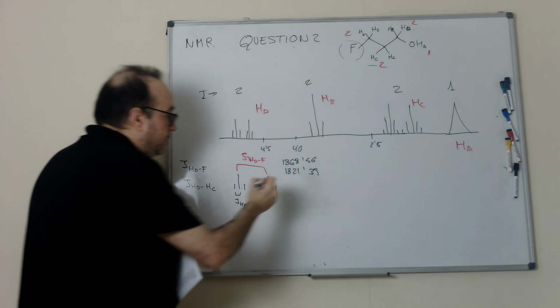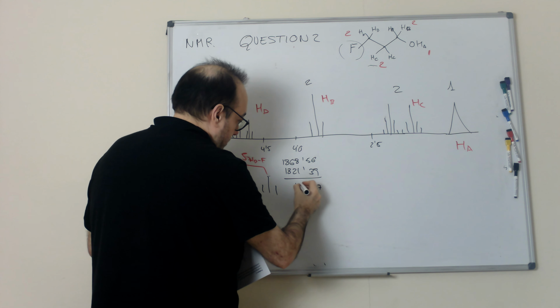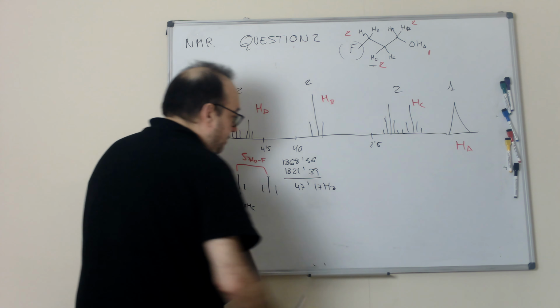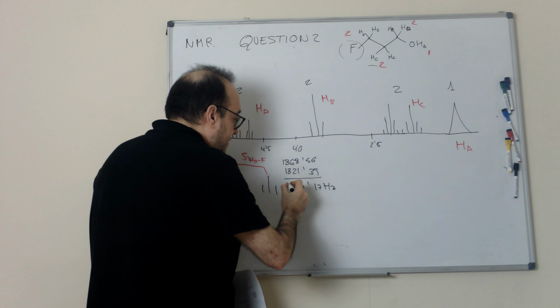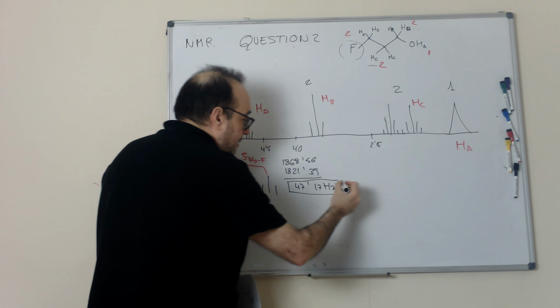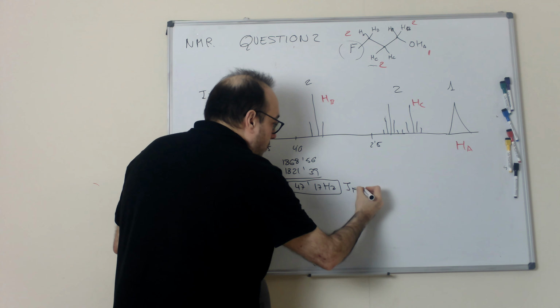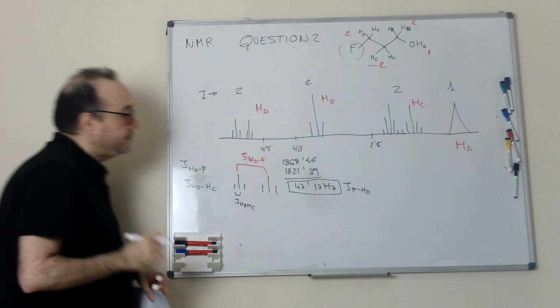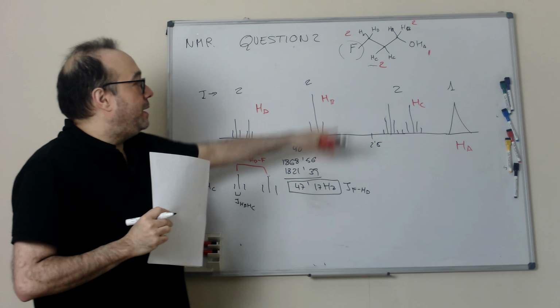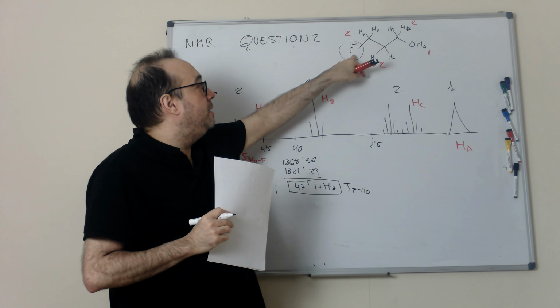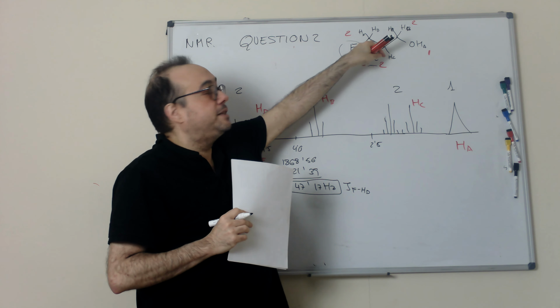That means if we do the math, we subtract one from the other. If I am not wrong with my math, what we have is 47.70 Hertz. That is the coupling constant between the fluorine and HB. Obviously, it has to be the higher coupling constant because the fluorine is directly attached to this carbon. That means it's a J2.